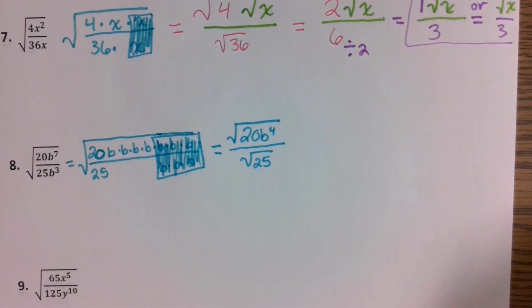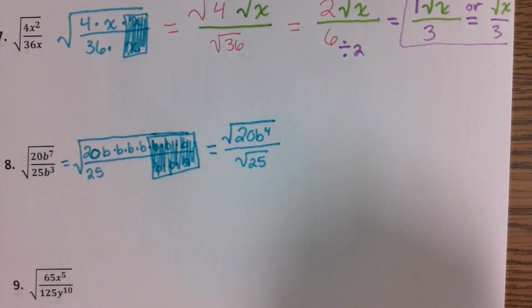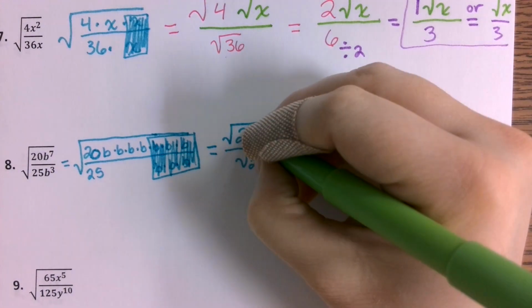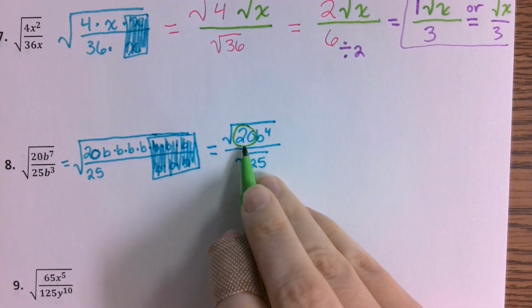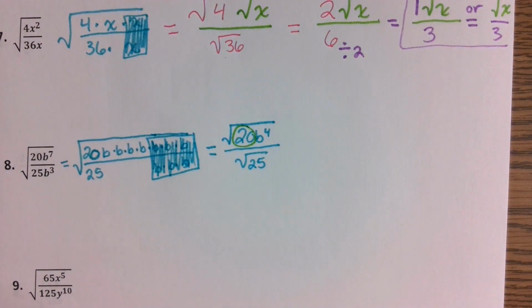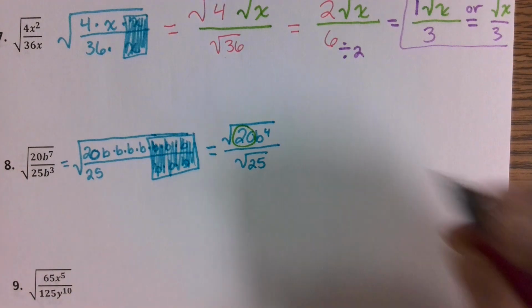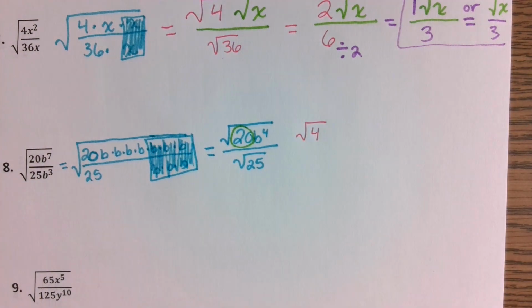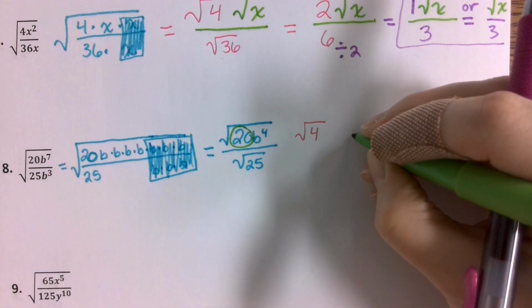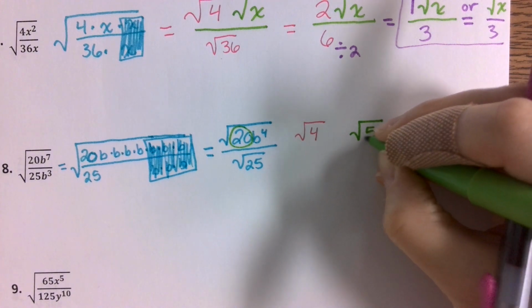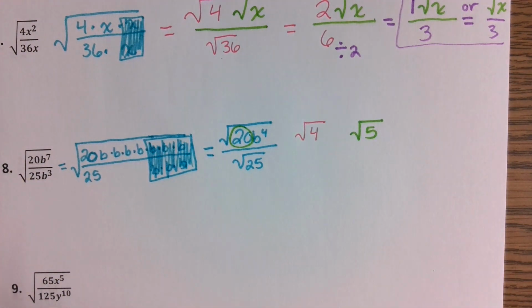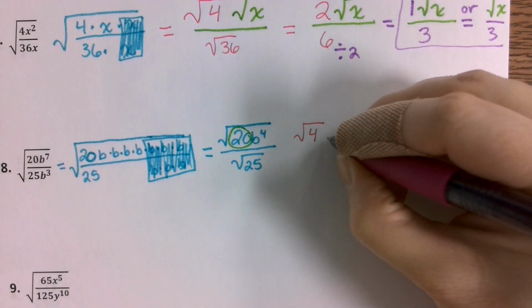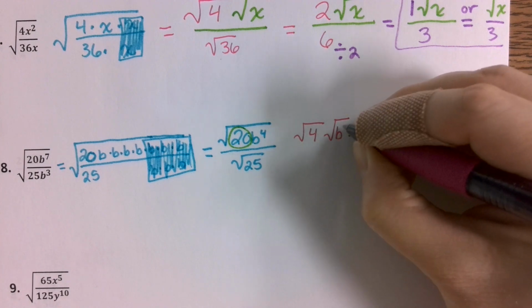Let's identify our perfect squares. Is 20 a perfect square? No. 20 is not a perfect square, but can I break it up into a perfect square? What can I break 20 up as? 4 and 5. So square root of 4 and square root of 5. Is b to the 4th a perfect square? Yes. So I'm going to put square root of b to the 4th.